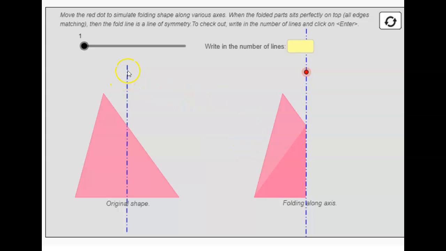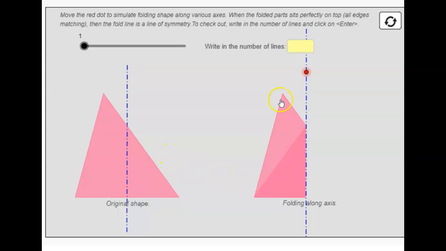I have to see if I can put this in a position that will form a line of symmetry so that when I fold this shape over that line, they will match or fit together perfectly. And I can check right now and see that this line that's here is not a line of symmetry.